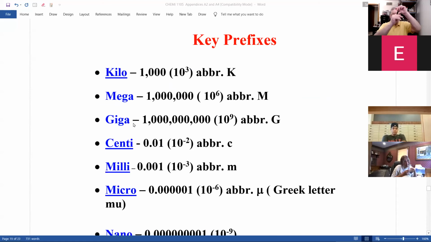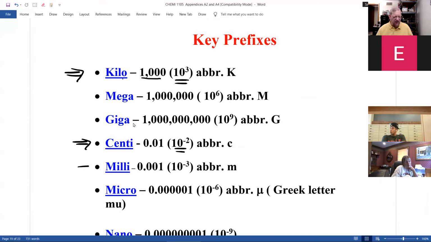And turn the clicker to switch back on. Now, there are certain key prefixes that are multipliers. Like a gram is 1, but a kilogram is 1,000 grams. You should know that a kilo is 10 to the third, which is also 1,000. You should also know centi is 100th, like centimeter.